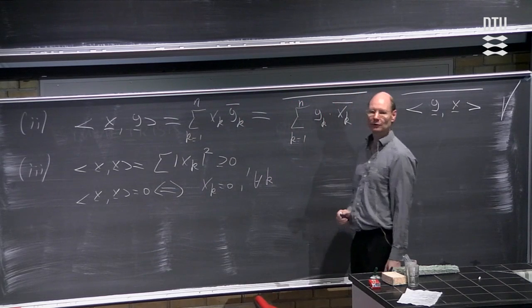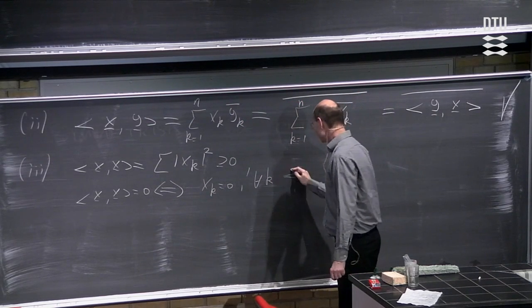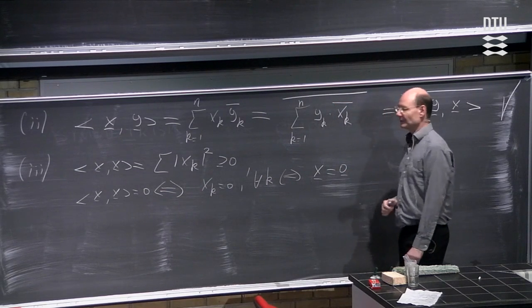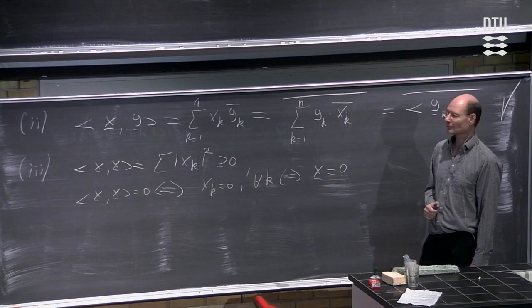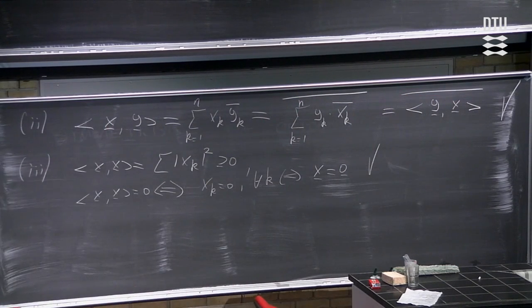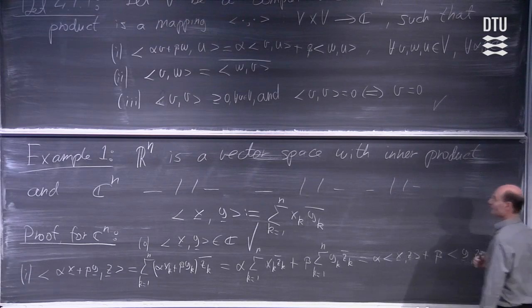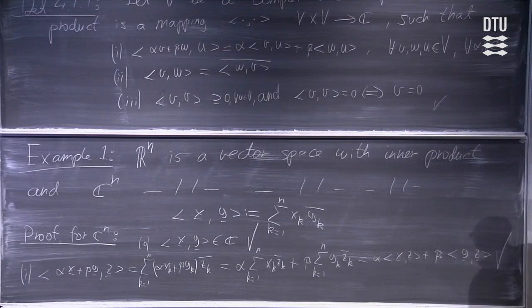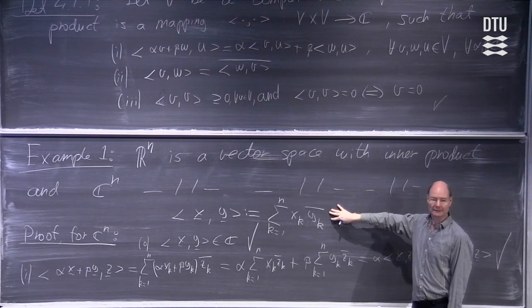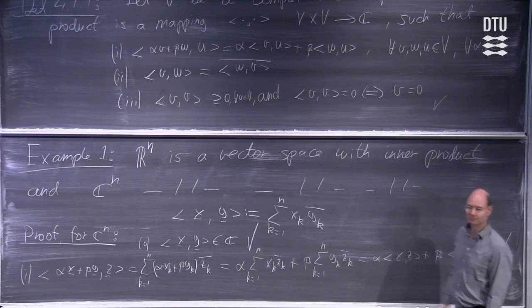And xk being equal to 0 for all k, this is the same as to say that x is simply the 0 vector. So this verifies the third condition that we had here. So that means we have indeed that Cn is a complex vector space and that this defines an inner product on the space.